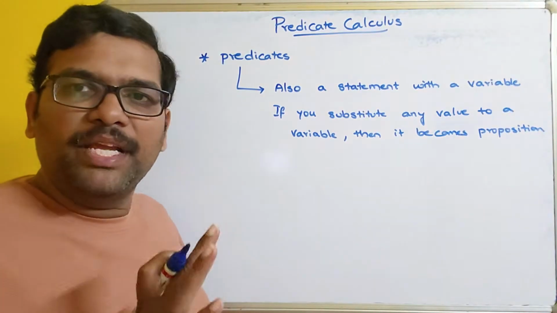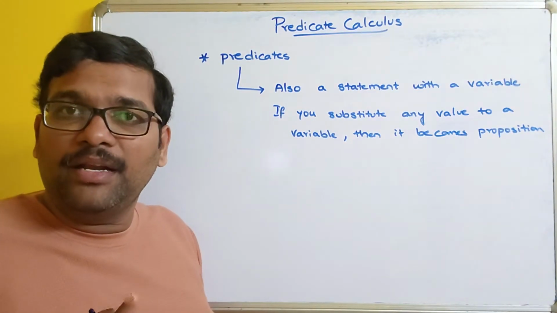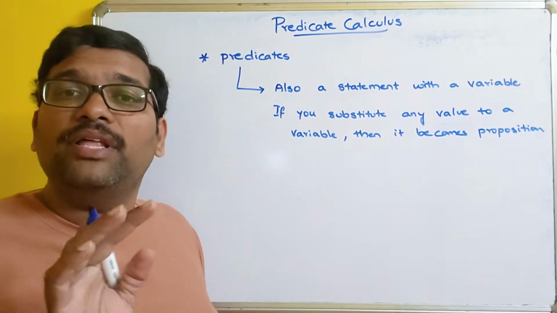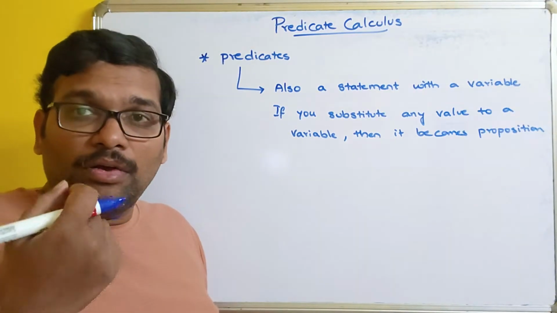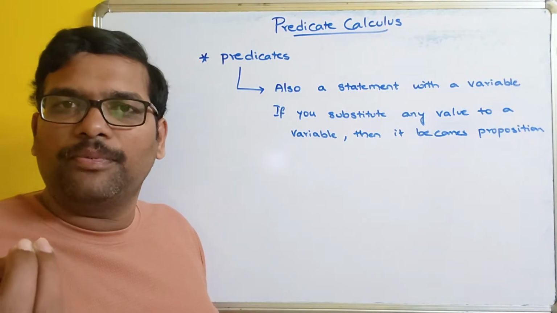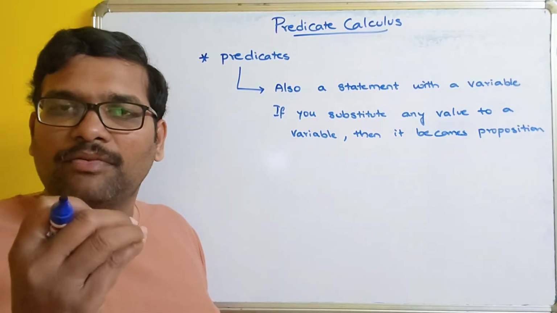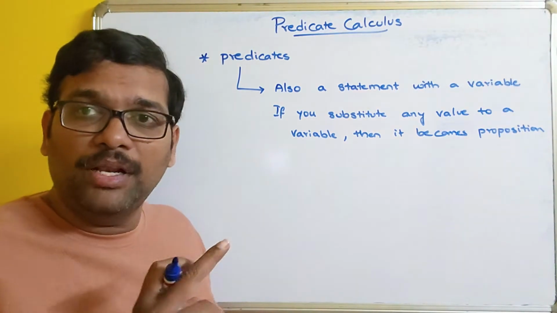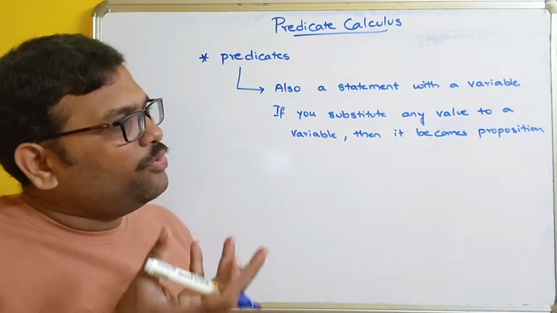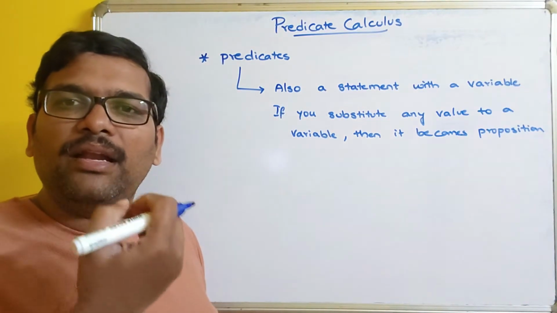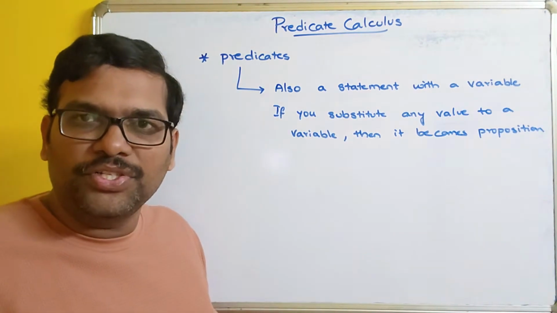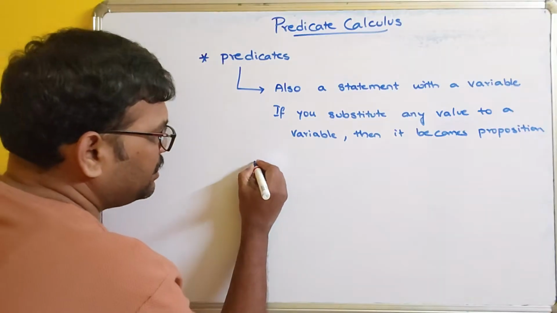So a predicate means it is also a statement, but it will have some variable. Instead of a value, there will be a variable. I think all of you have some knowledge of programming, where we study a variable which can hold values. If any value is given to that variable, that predicate is immediately treated as a proposition. For example, let us take an example.